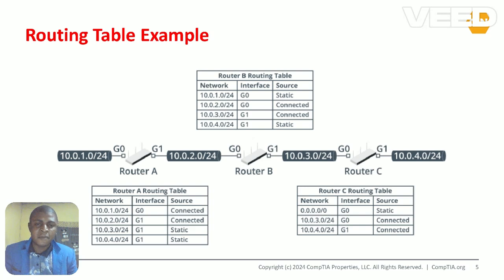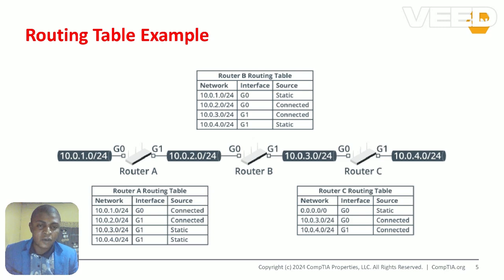Also check the entries in router B. We see the IP addresses connected to router B, which are 10.0.2.0/24 and 10.0.3.0/24. These are the two connected to router B, and it's obvious. The first one is static and the second one is also static. The ones that aren't connected to the router are known to be static.